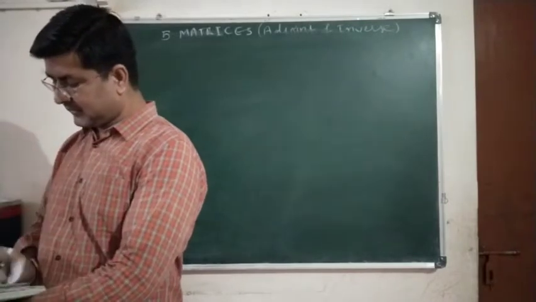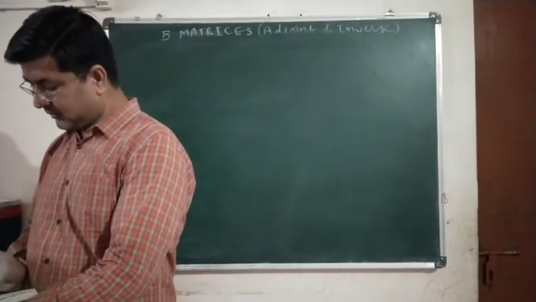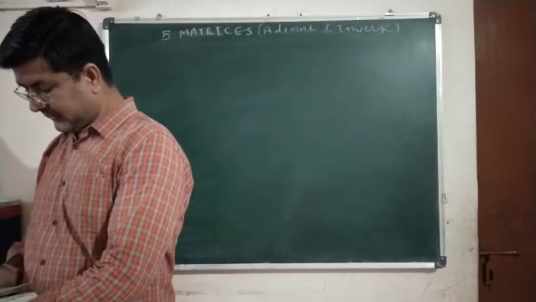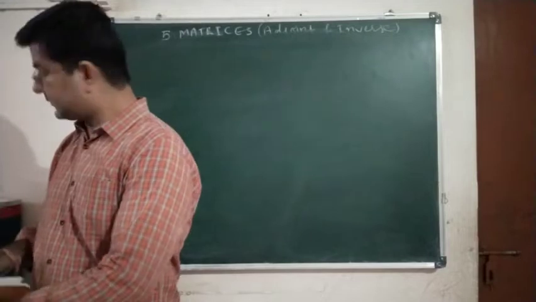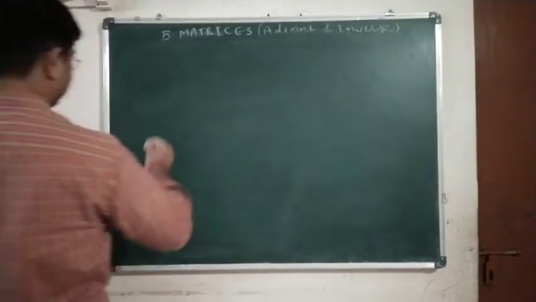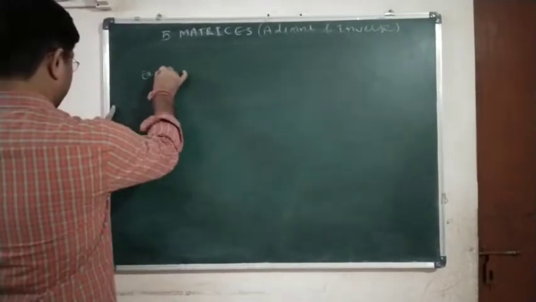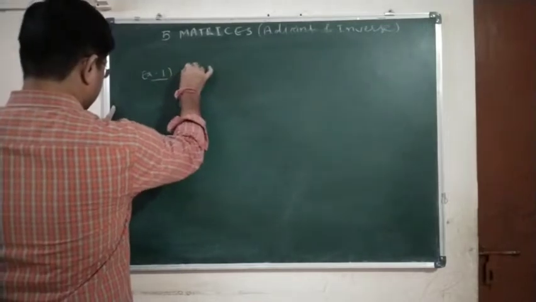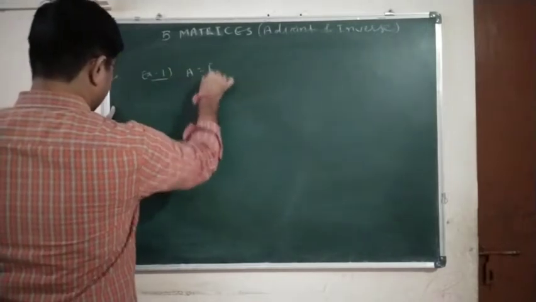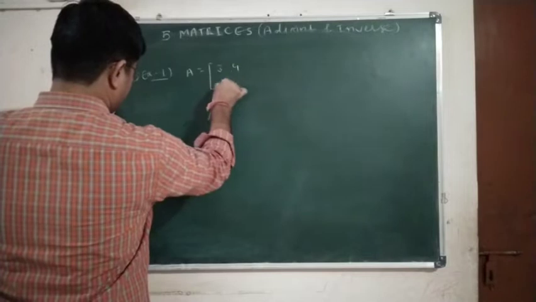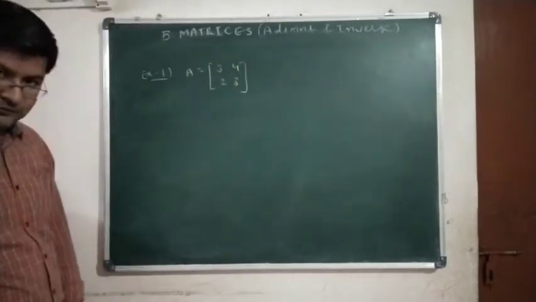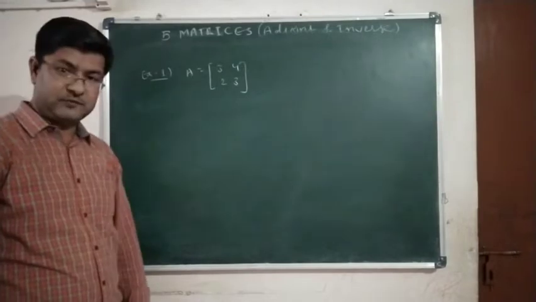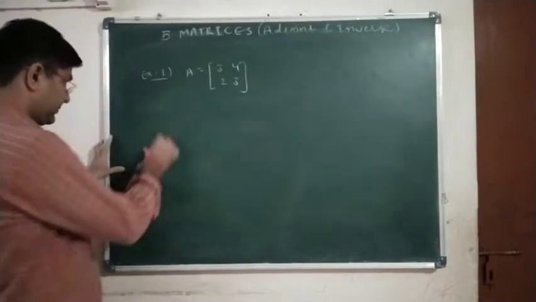A 2 by 2 matrix we will consider. For example, we have a matrix A given by 3, 4, 2, 3. Clear? Now we have to find the inverse of A using elementary row transformation.